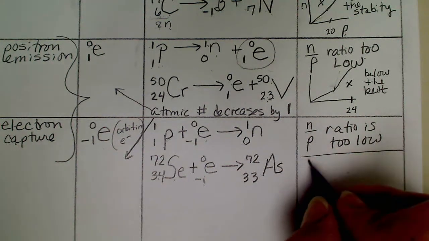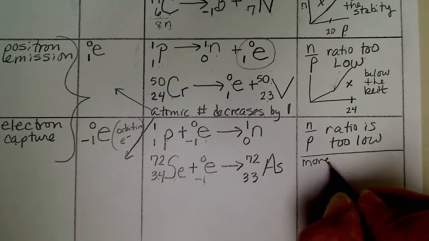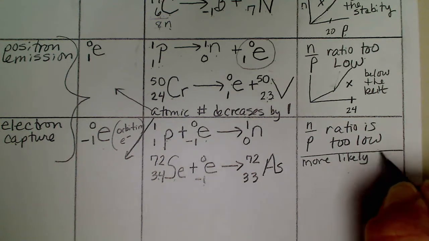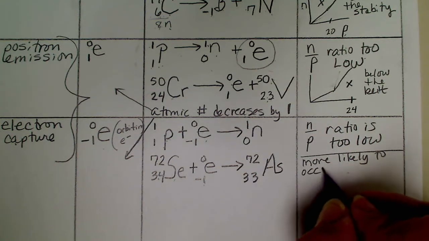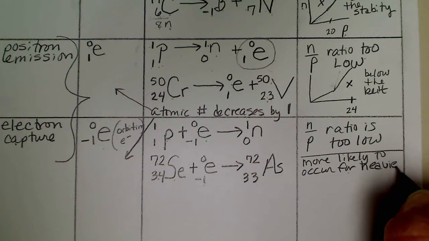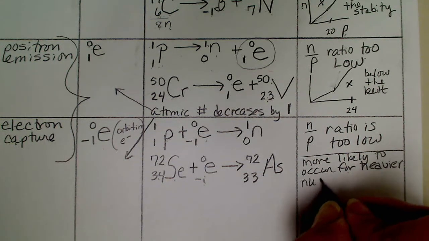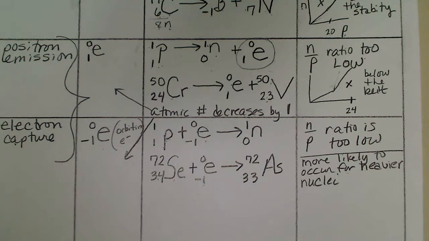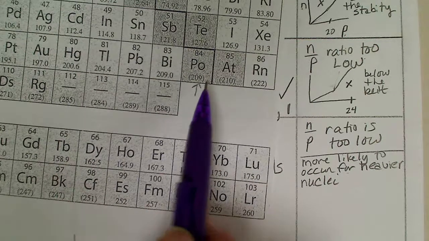Electron capture is more likely to occur for heavier nuclei. And not meaning heavy as in past polonium.